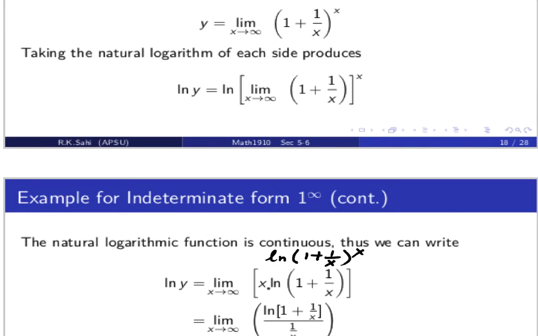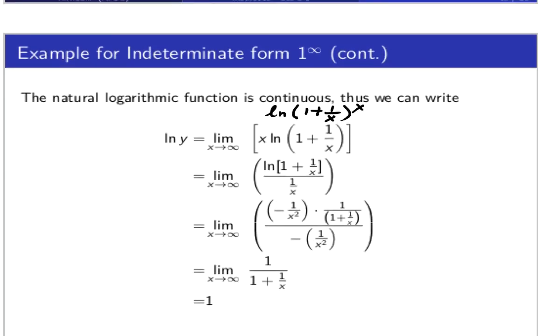So the x comes out: x times natural log of 1 plus 1 over x. Now notice, when I put in infinity, it is infinity times natural log of 1. So this is infinity times 0, because x is infinity and natural log of 1 is 0.